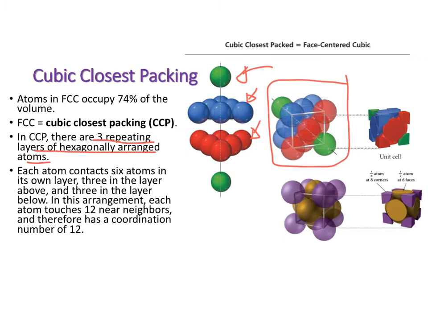And here I have the regular face-centered cubic just for you to be able to compare, and you can see that they're arranged in the same way. So each atom contacts 6 atoms in its own layer, and then 3 in the layer above, 3 in the layer below. So in this arrangement, each atom will touch a total of 12 neighbors, and that's why it has that coordination number of 12.